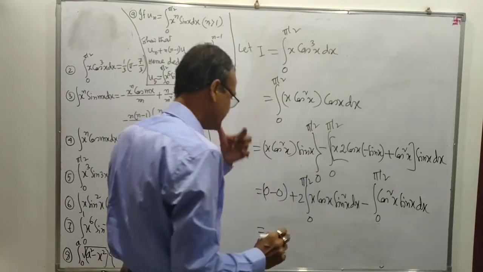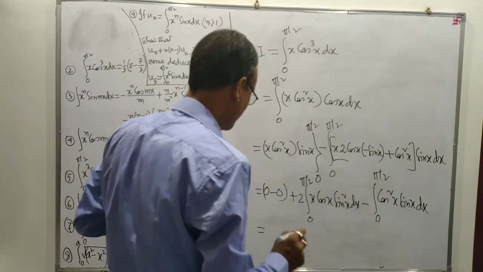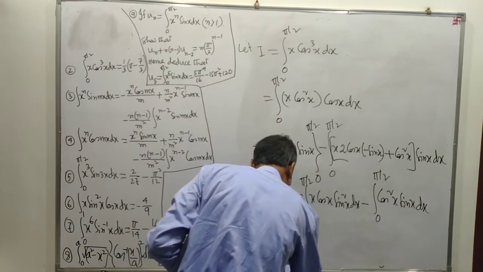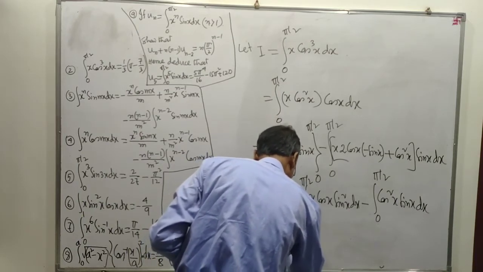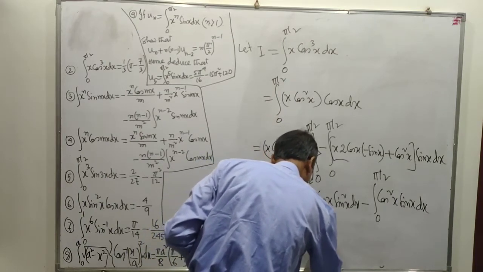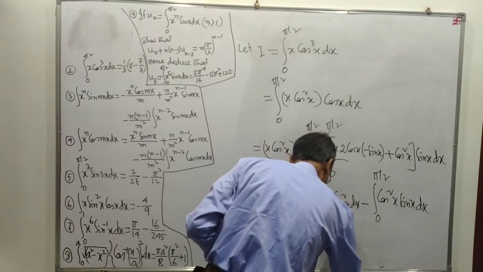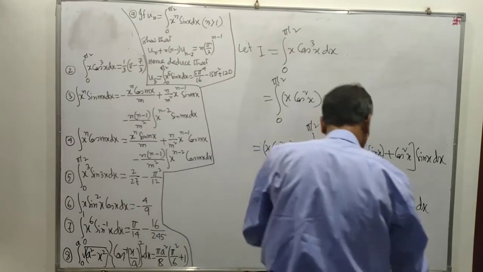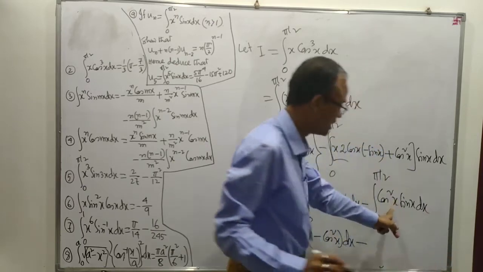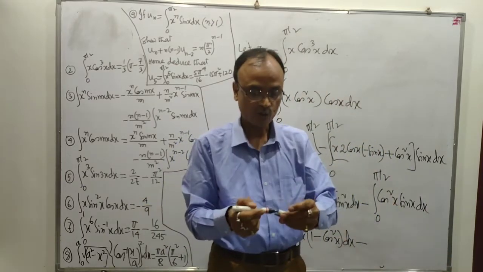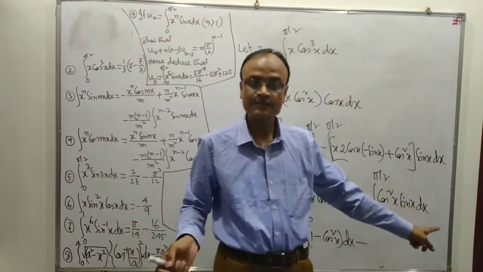This is equal to 2 times the integral from 0 to pi by 2 of x cos x, where you may write here 1 minus cos square x, dx, plus minus the integral of cos square x into sin x.